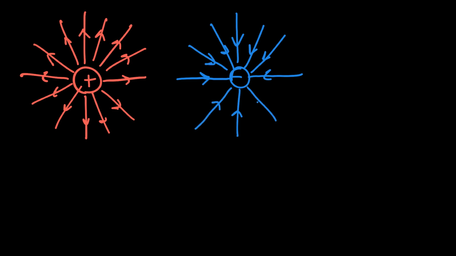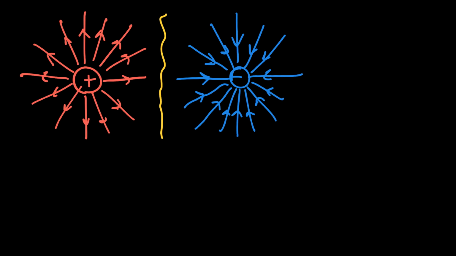And so even though I'm drawing these pictures next to one another, please know that I'm pretending like these two are in isolation. Okay, so they're not next to one another. And so for this reason, when we only have one charge here, we say that the lines of electric field start on a positive charge or at infinity and end at a negative charge or at infinity.